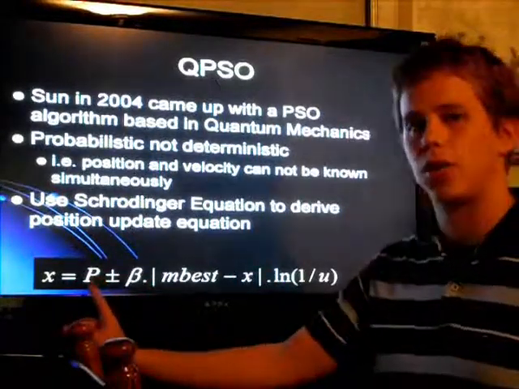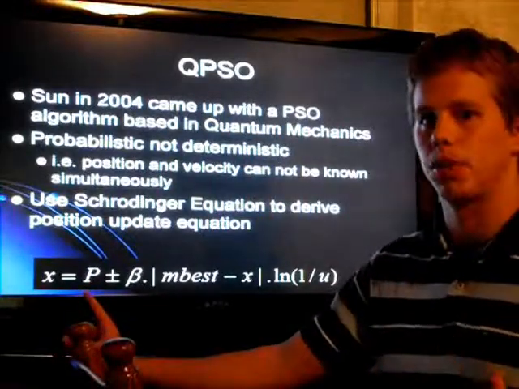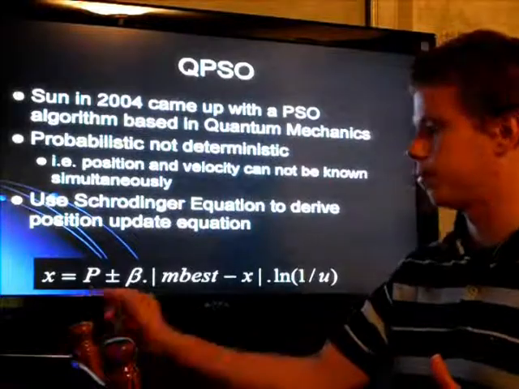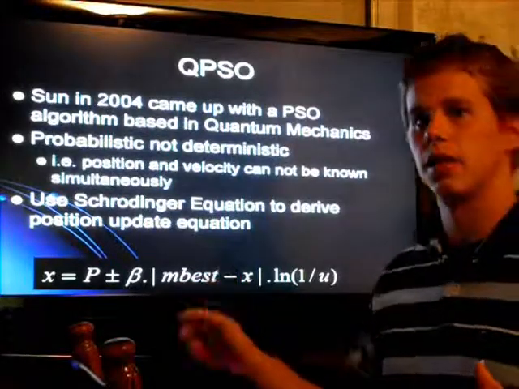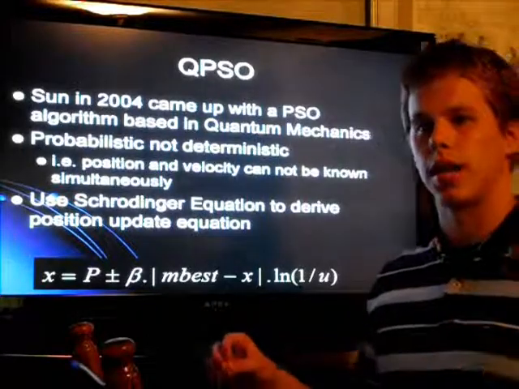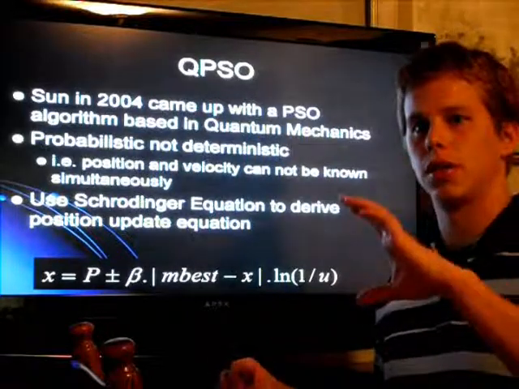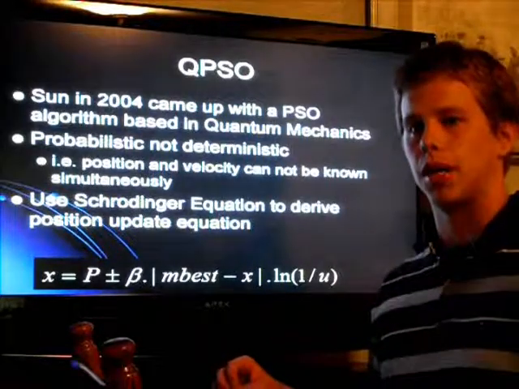First you have this P, which is just a local attractor point that's created as you go through this QPSO algorithm. Then the M best is the mean best particle, which means you add up for every particle each dimension, and then you divide each dimension by how many particles you have.